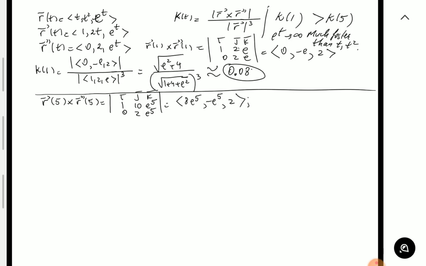And the curvature at 5 is going to be the magnitude of this guy over the magnitude of r prime of 5, which is 1, 10, e to the 5th, to the power 3.